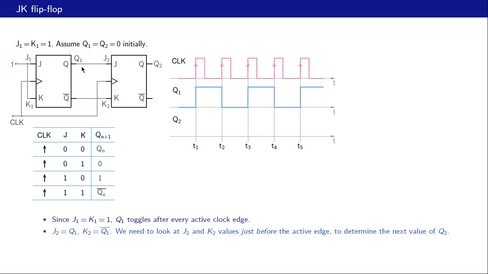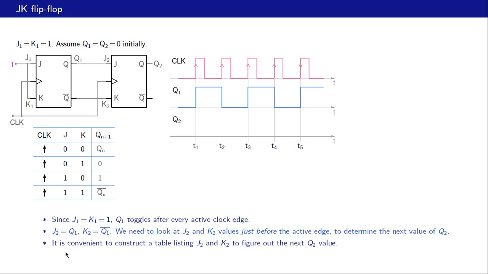J2 is the same as Q1, K2 is the same as Q1 bar, and since Q1 changes with time, like that, these inputs also change with time, and therefore it makes it a little more complex. And we now need to look at J2 and K2 values just before the active edge, that means these edges, to determine the next value of Q2. So let us do that.